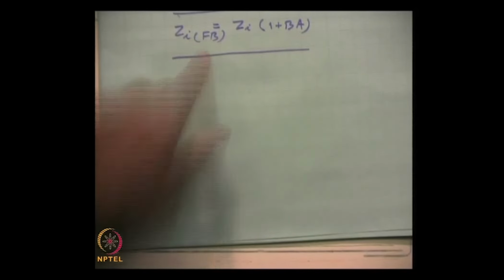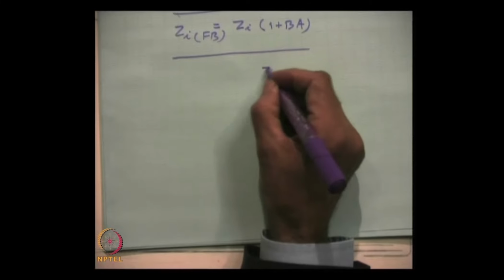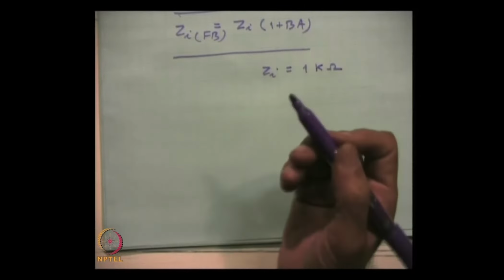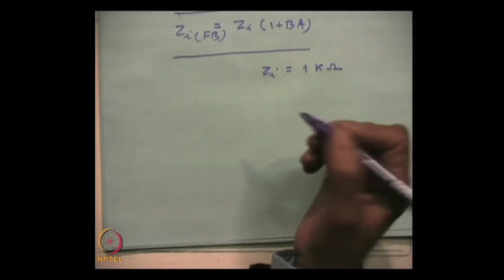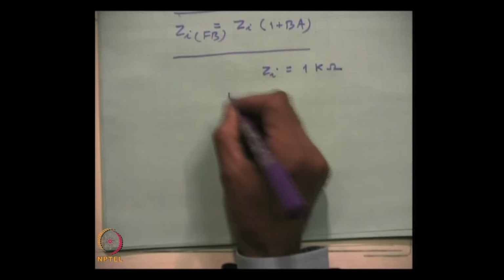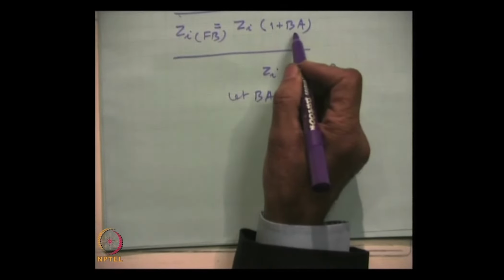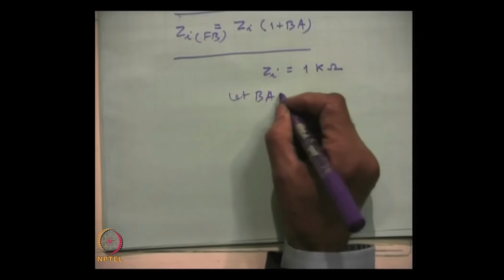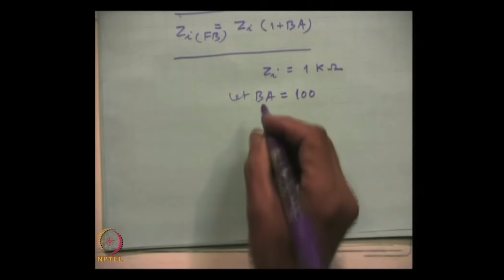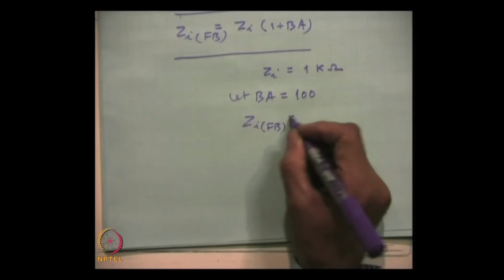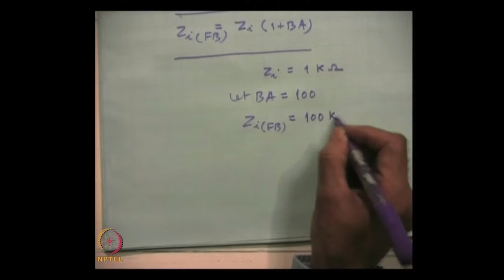So, it has increased. If Zi is 1 kilo ohm, and if this factor is for example 10 or 100, say 100, let BA, because one can always be neglected in comparison to AB normally, and let it be 100, then the impedance with feedback, negative feedback, will become 100 kilo ohms.